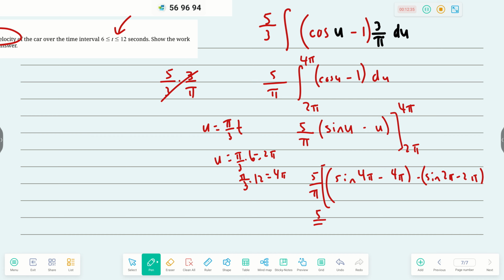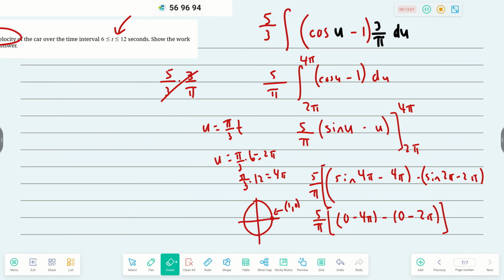Now, what is the sine of 4 pi? Well, 4 pi is right there, and so is 2 pi. They're both, and the y coordinate on both of those is 0. So that's nice. So it becomes 0 minus 4 pi minus 0 minus 2 pi.